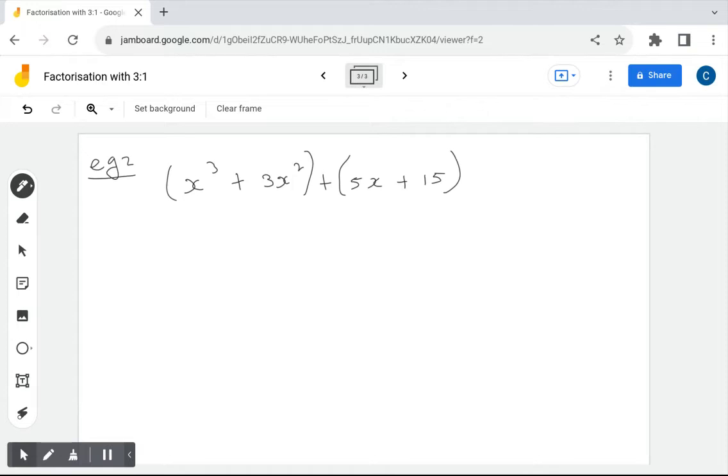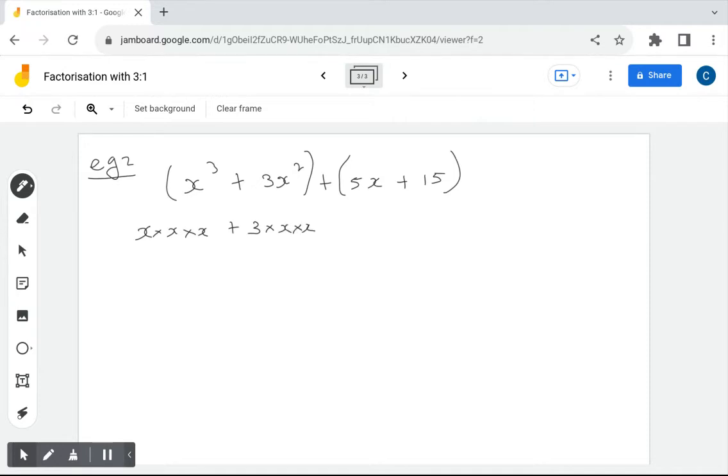So we look for what is common. In x cubed plus 3x squared, let's rewrite x cubed as x multiplied by x multiplied by x, plus 3 multiplied by x multiplied by x.